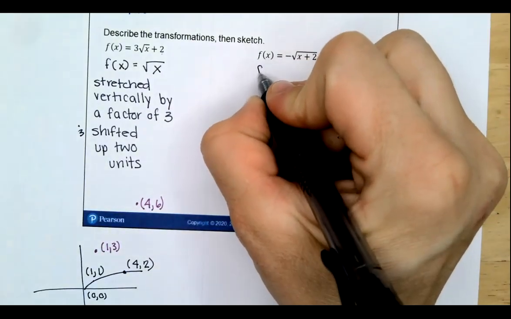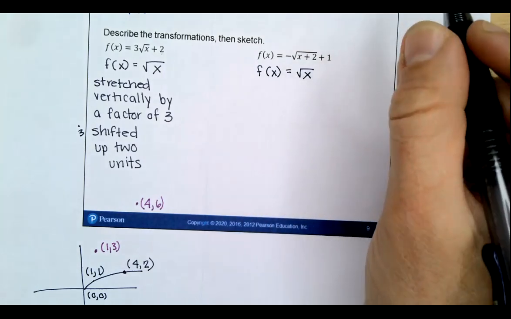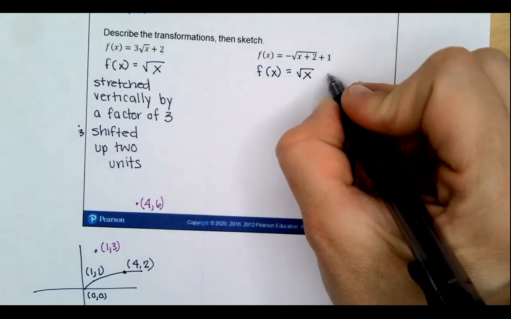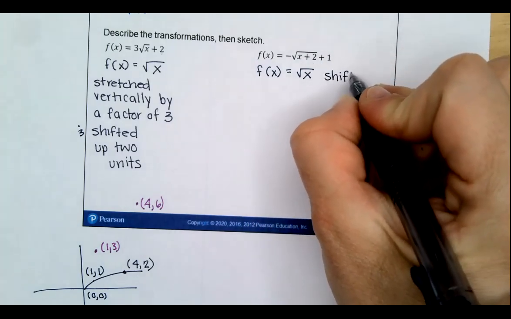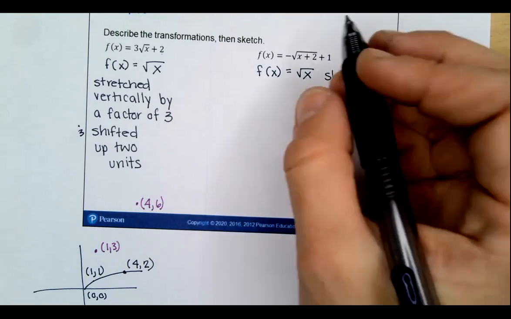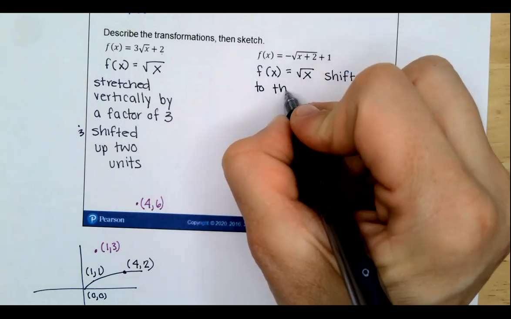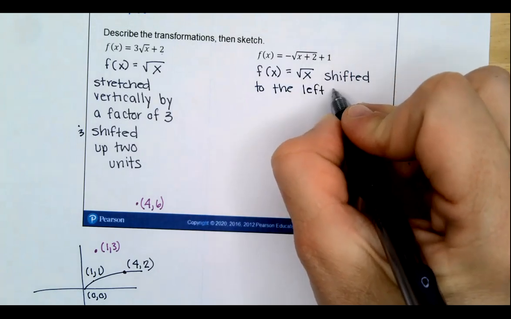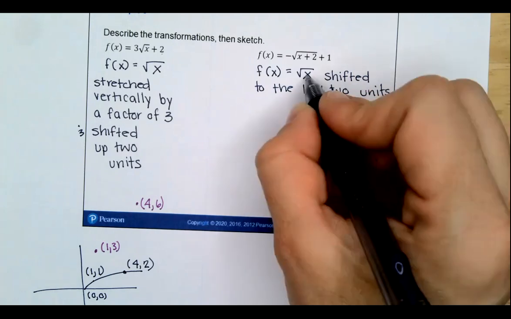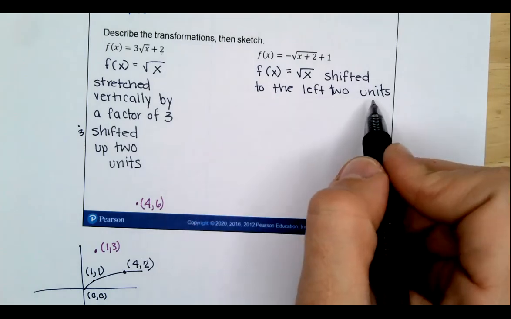Here we have that same graph, f of x equals the square root of x. We are going to shift horizontally to the left 2 units, because 2 units to the left is in the negative direction, and if we're dealing with the x, we're kind of doing the opposite. Shifted to the left 2 units.